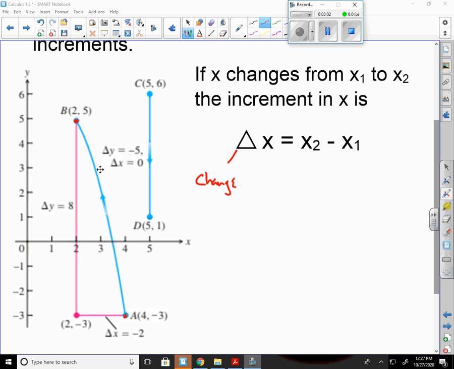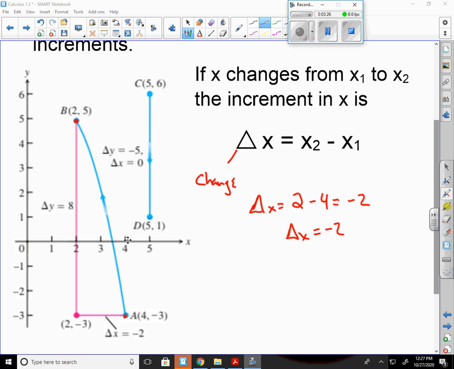So it went from 4 to 2. In order to find that, that's our delta x. And that's just 2, because that's our second point, minus 4, which gives me negative 2. So delta x would be negative 2. It's the change in the x coordinate.